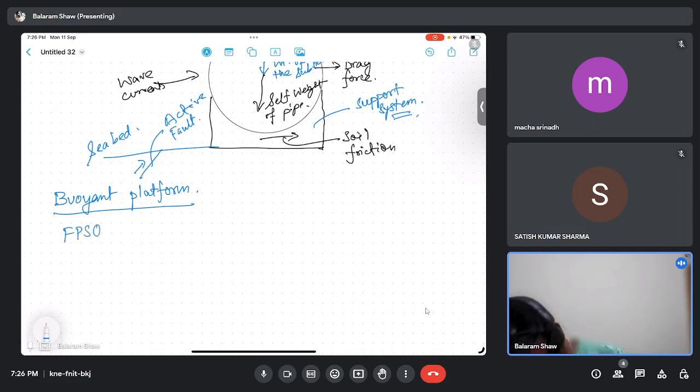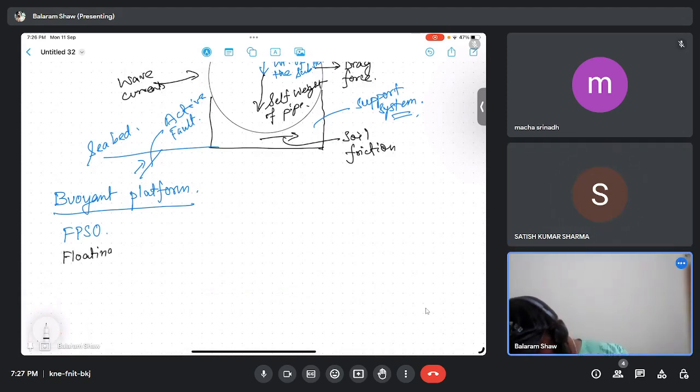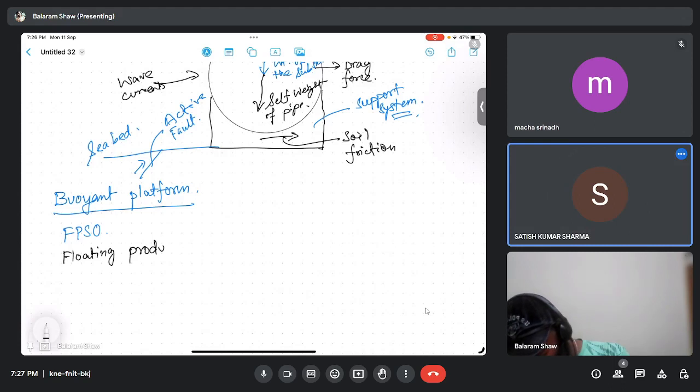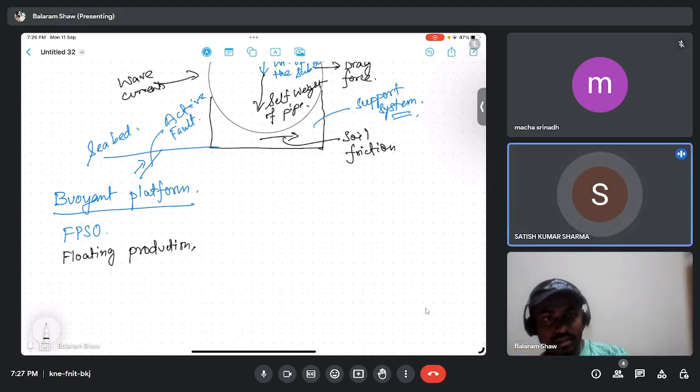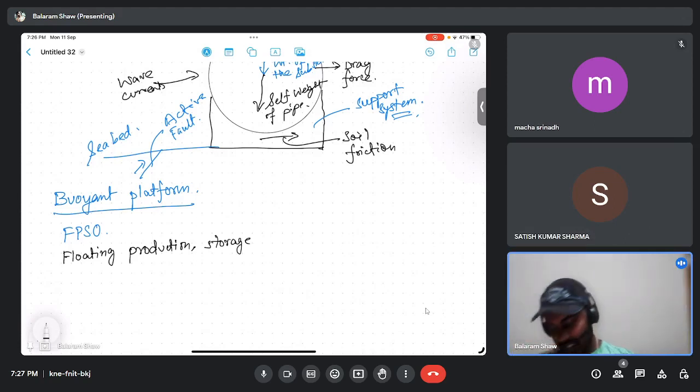What is FPSO? Floating production, then S stands for storage. Just remember like this: we have to produce, we have to store, and then we have to offload.